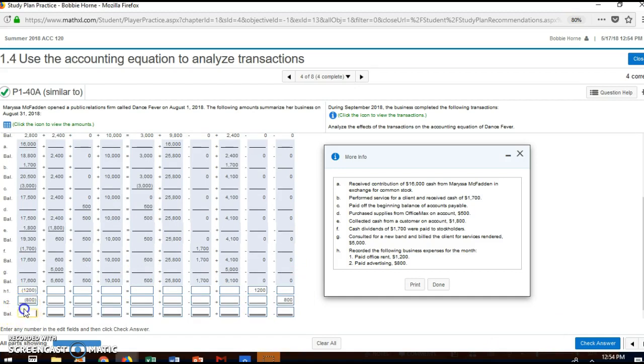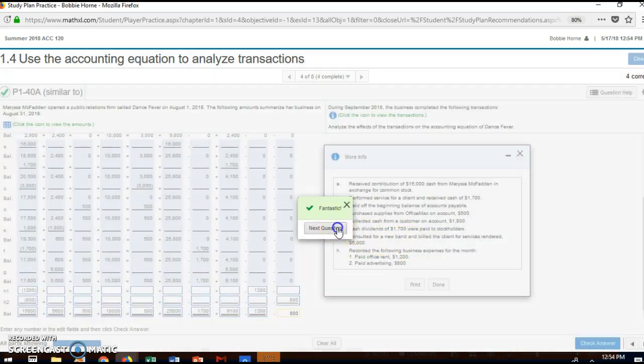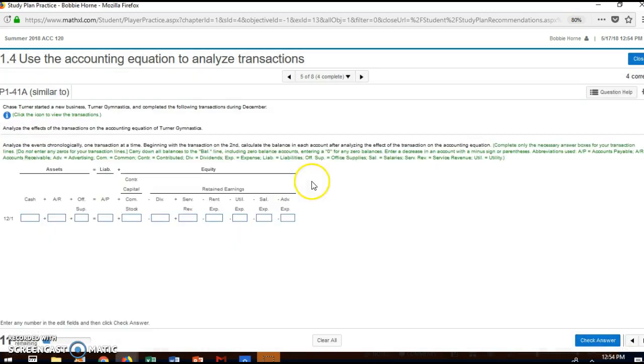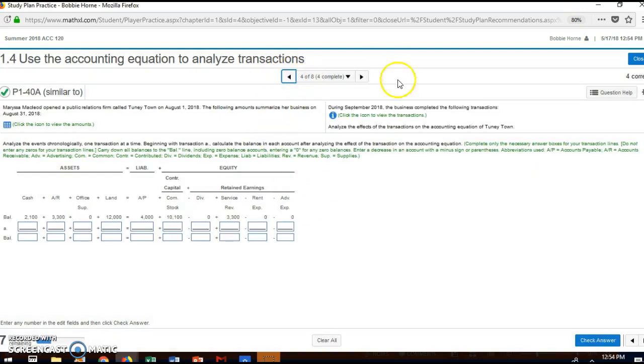So now we have to basically subtract both of those. Tab over, be careful here. Okay, and that is pretty much all for completing a transaction.